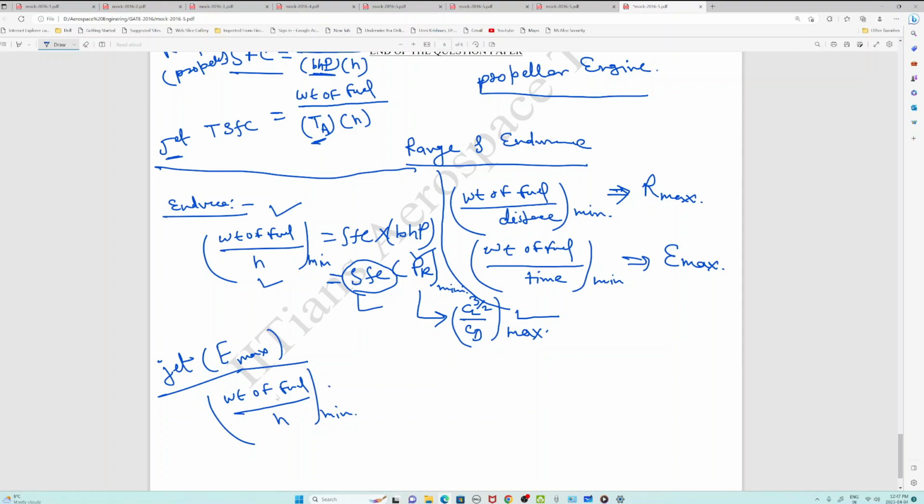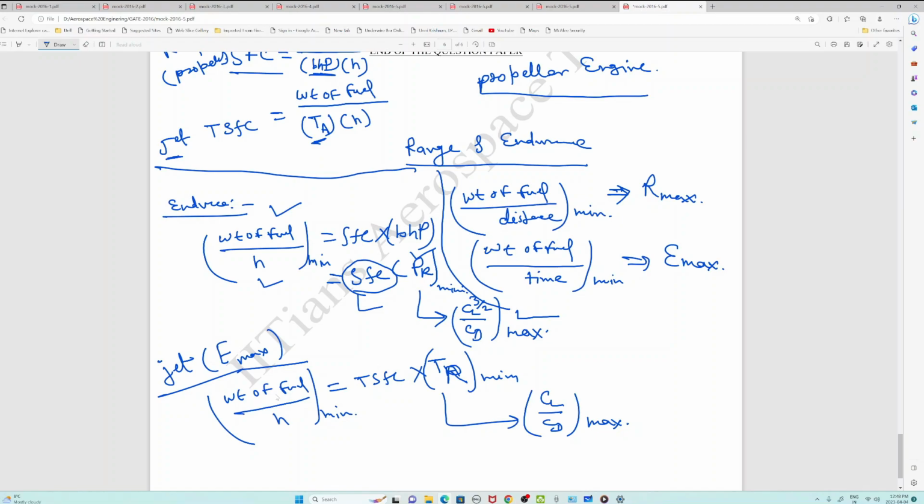So obviously TSFC into thrust available, and this thrust available will be thrust required if you are in a steady level flight. So if you want to make this minimum, then thrust required must be minimum, and this is the condition according to which CL by CD must be maximum. Is it okay, guys?